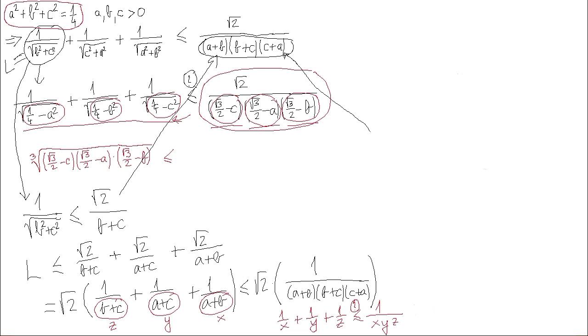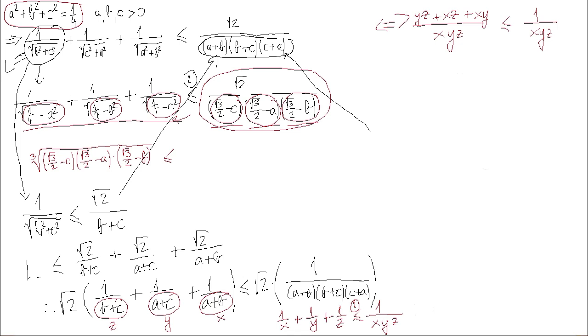So our last inequality, which we need to prove, is equivalent to, pushing that as one fraction, yz plus xz plus xy less than or equal to 1 over xyz.